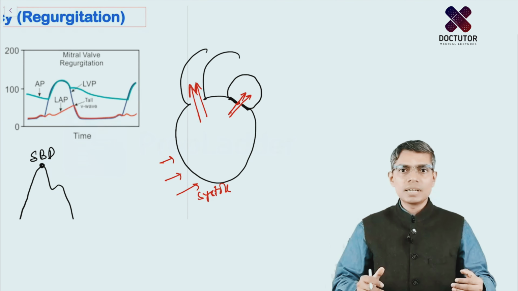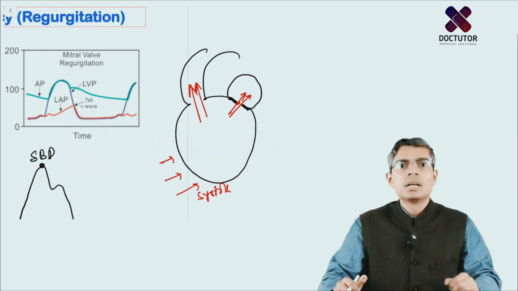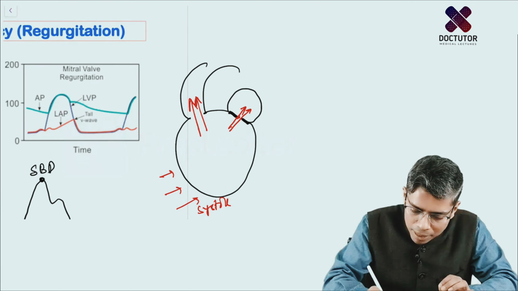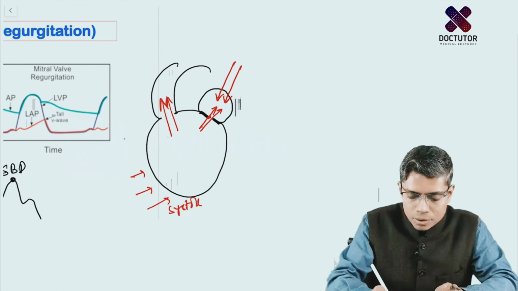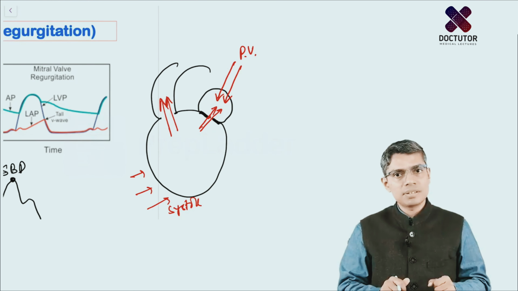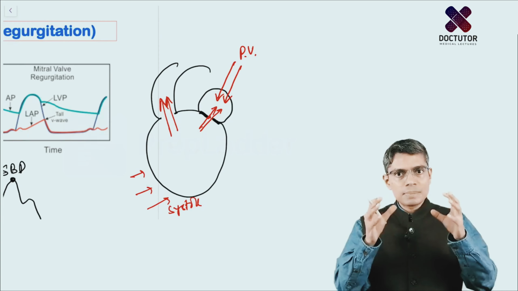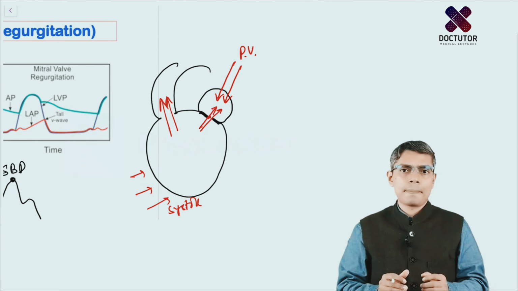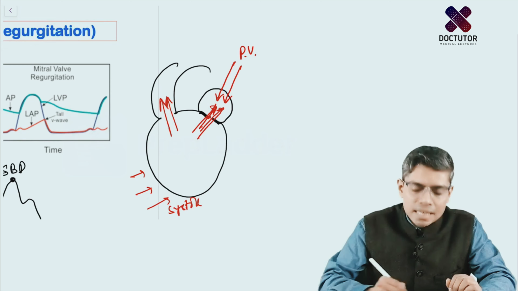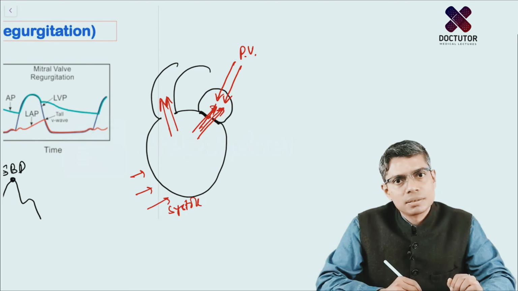So the atrium will get more blood, so atrium pressure will rise, but the atrium normally also gets blood from the pulmonary vein. So the left atrium is now getting two sources of blood: one from the pulmonary vein and one from the ventricle during regurgitation.